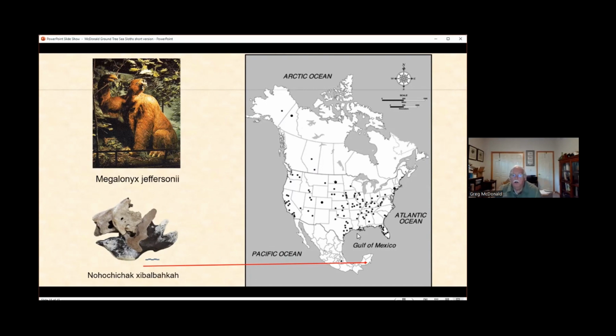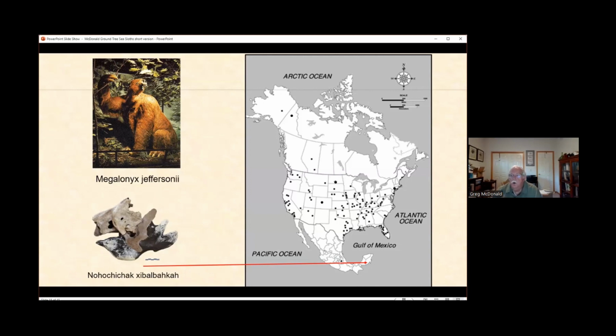But recent work in the cenotes and flooded cave systems, caves that were dry during the glacial maximum when the water level of the oceans dropped 100 meters, and these caves in this limestone platform on the Yucatan Peninsula were dry caves. There was no surface water, but there was water underground.